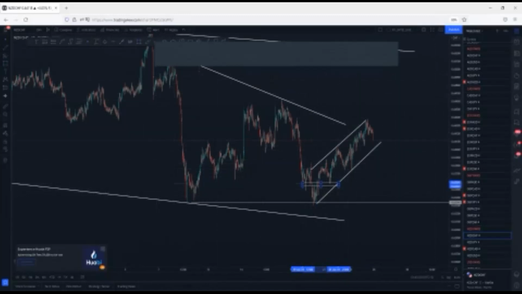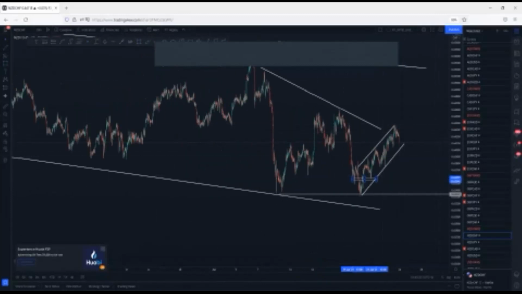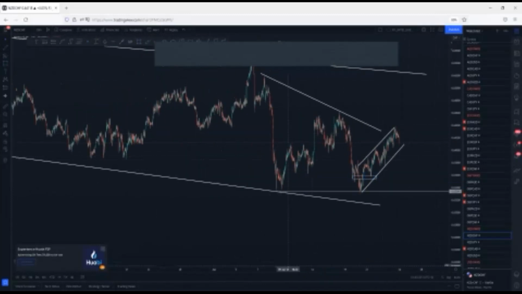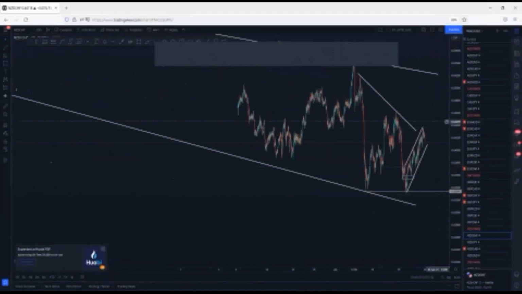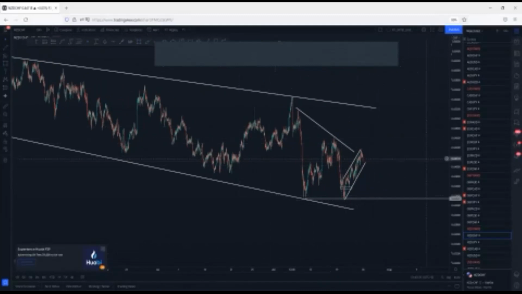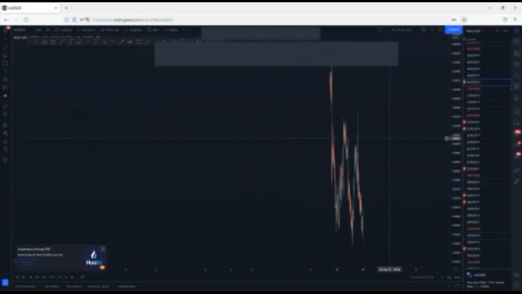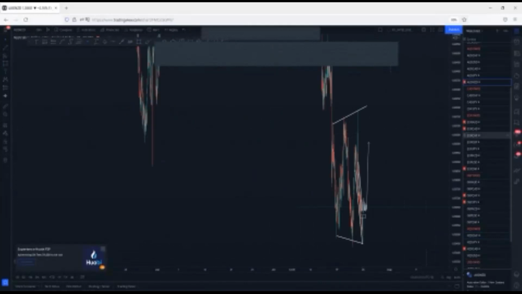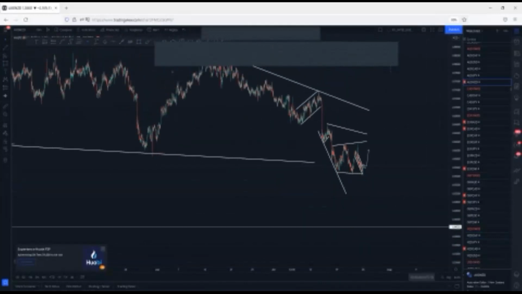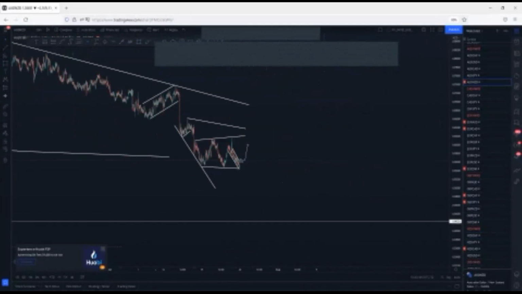So you need to highlight your points so that when it comes back and makes a pullback, you enter. So my pairs will be Euro AUD and AUD NZD. At AUD NZD, I just saw a reversal pattern.